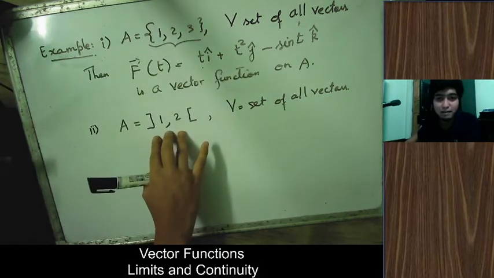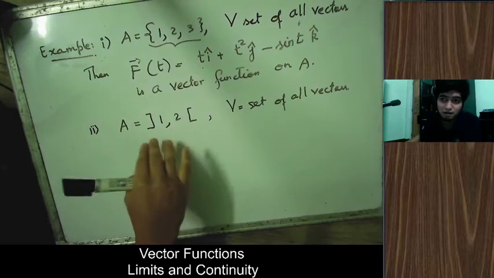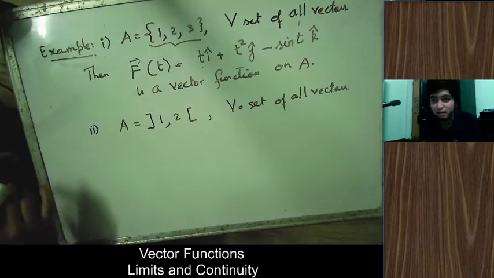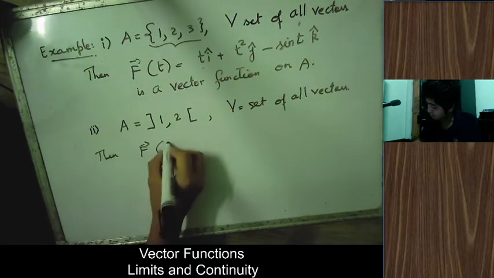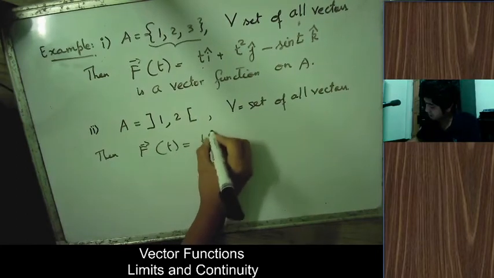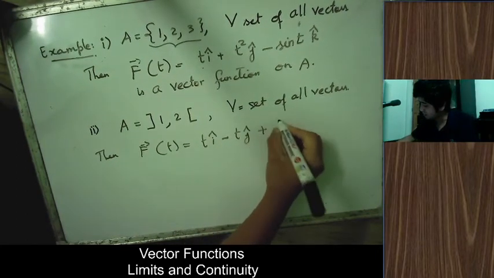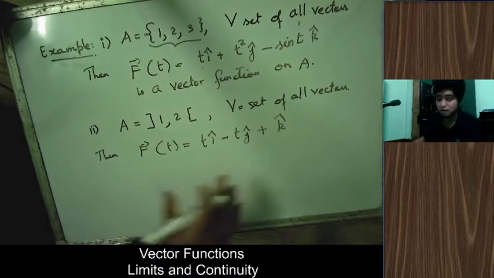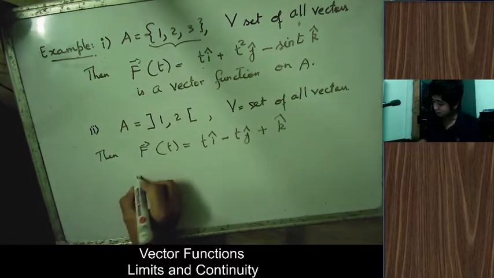Here we have so many elements, 1.5, 1.1, 1.9, and all those numbers in this interval. So again, we can define it with the same function, t i minus t j plus k. Again, it will be a vector function on A. Then f(t) is a vector function on A.